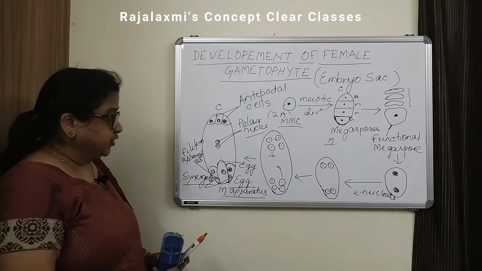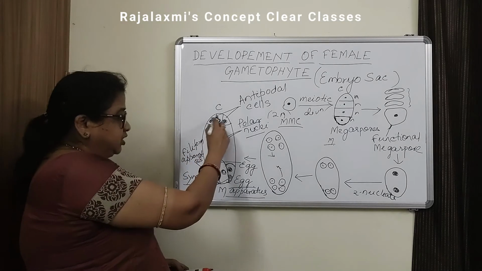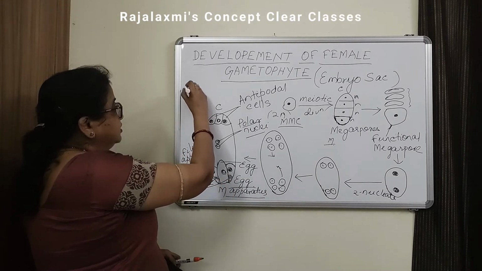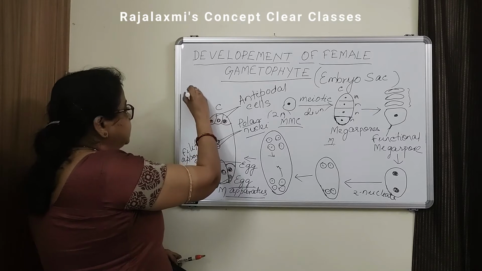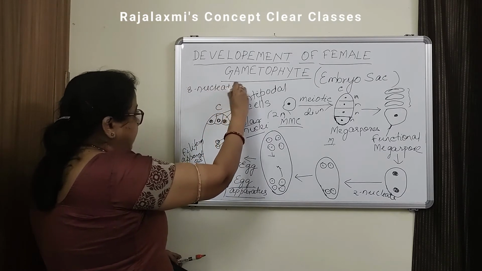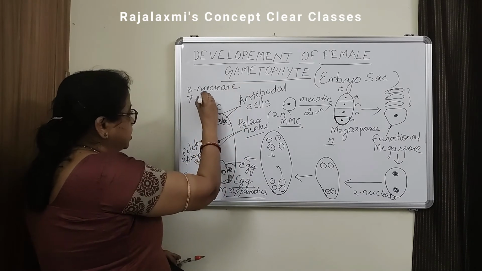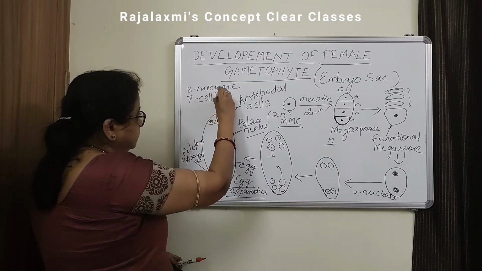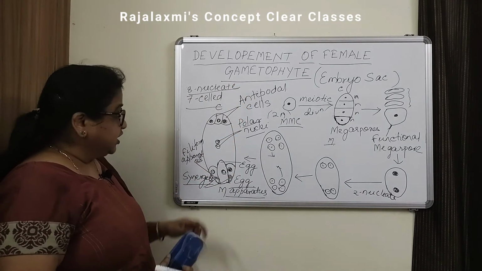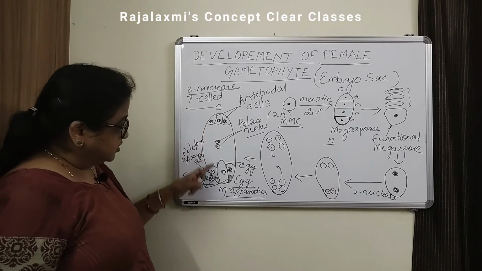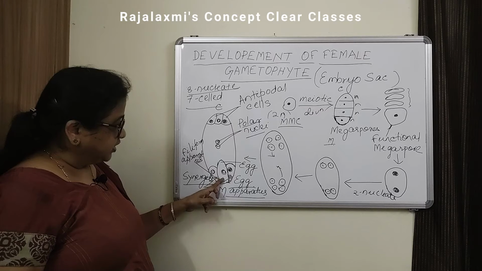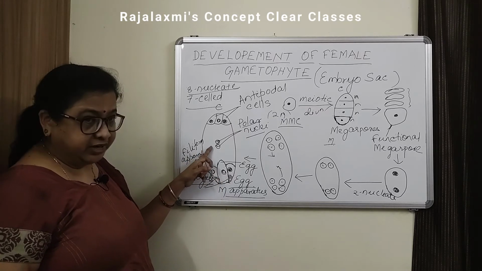And this middle nuclei is known as polar nuclei. So the matured embryo sac in angiospermic plants is called an 8 nucleate and 7 celled structure. The 8 nuclei are these 3 at the chalazal end, 3 at the micropylar end, and 2 at the middle.